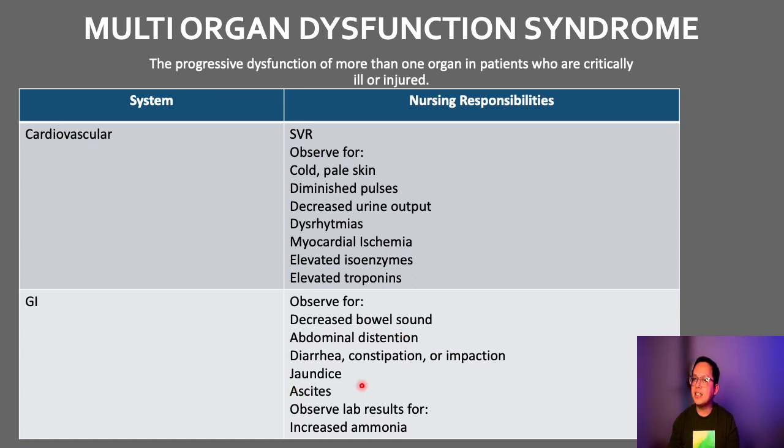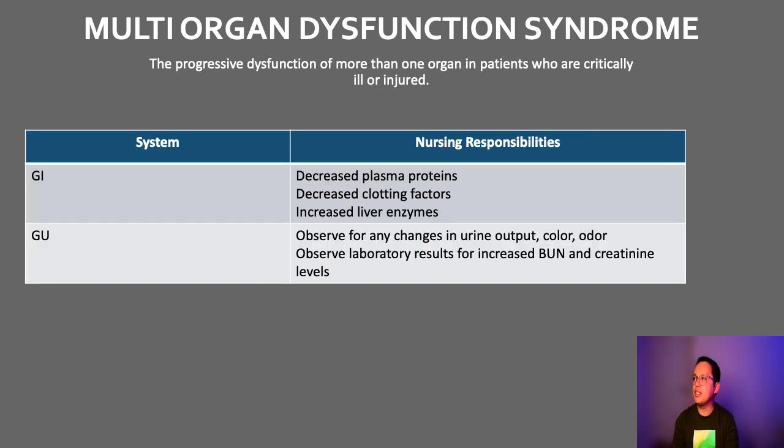Observe lab results for increased ammonia, which is removed when we give stool softeners. Also decreased plasma proteins, decreased clotting factors, which you will see in the blood test, and increased liver enzymes too.